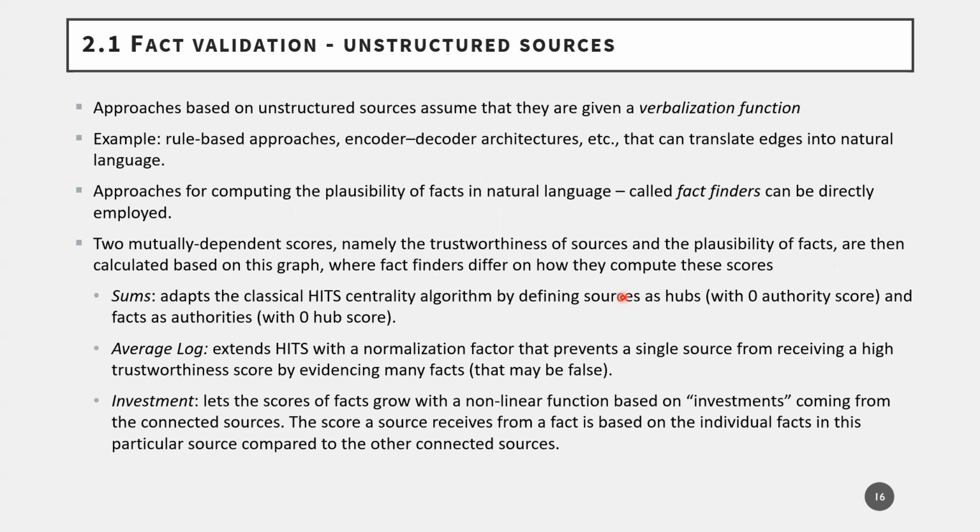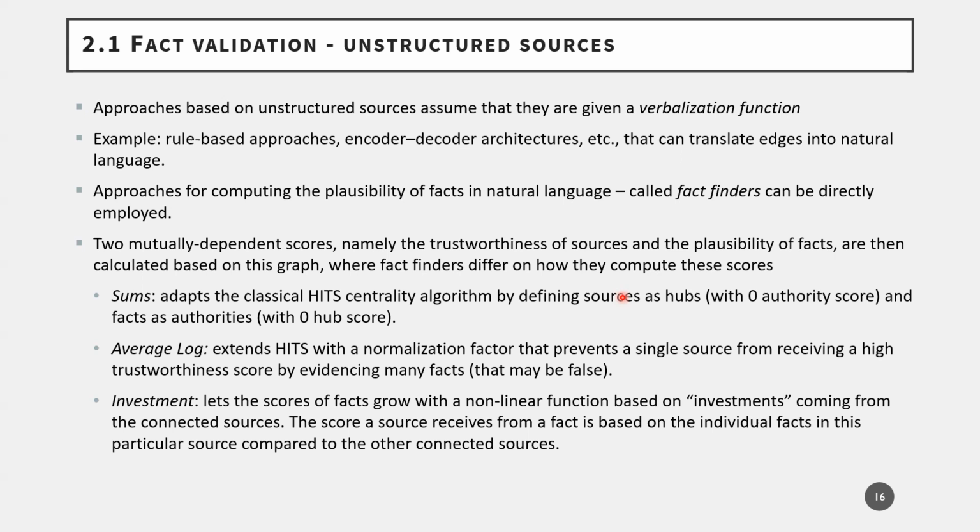For example, rule-based approaches and encoder-decoder architectures that can translate edges into natural language are central. The approaches for computing the plausibility of facts in natural language are called fact finders, which can be directly employed.